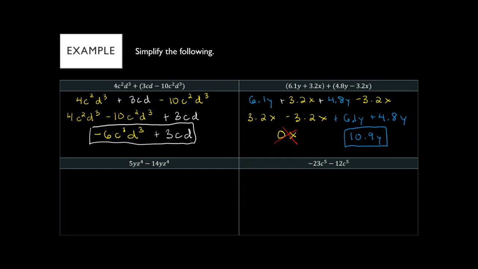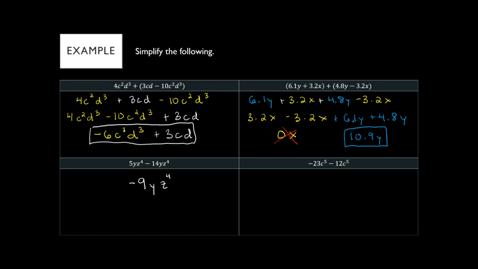So we've got 5y z to the fourth minus 14y z to the fourth. So they both have y's. They both have z to the fourth. So you just subtract them. You do 5 minus 14, which I know I'm going to mess up mentally, so I'm going to do that on my calculator. It gives me negative 9. So we get a negative 9 y z to the fourth.